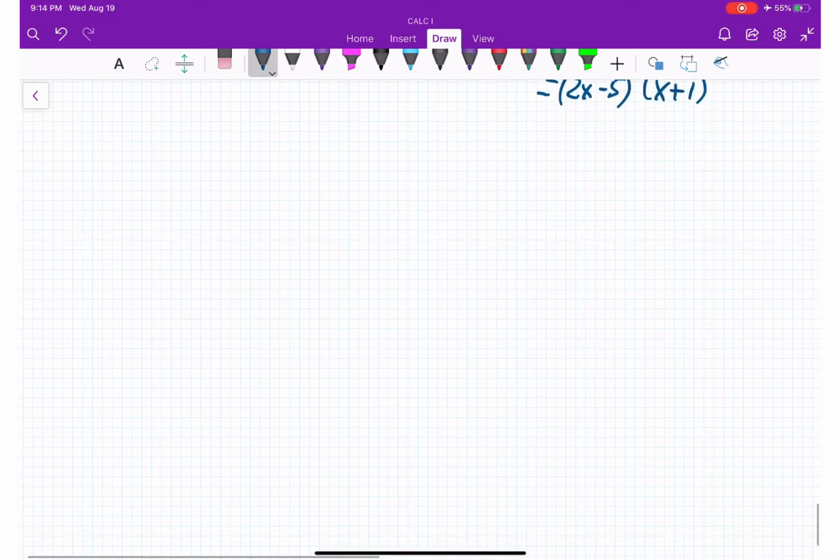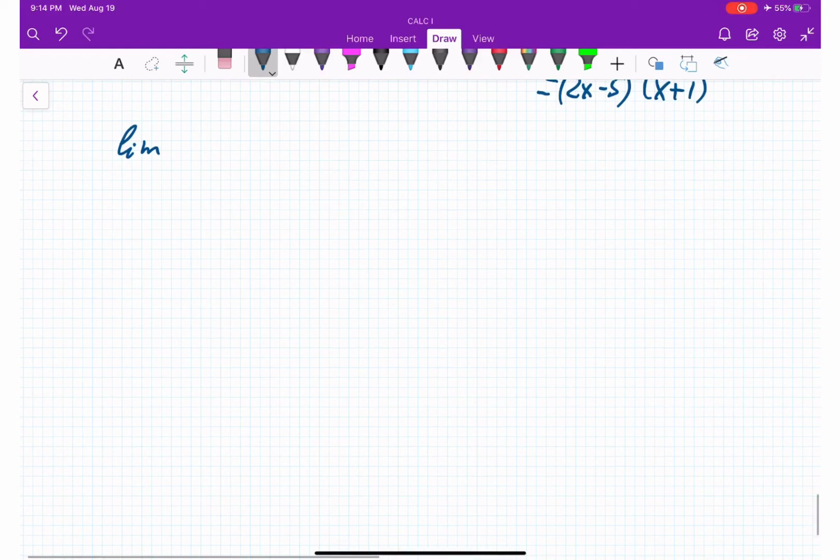So we have the limit as x approaches 2 of 8 minus 2x squared over x squared plus 4x minus 12.